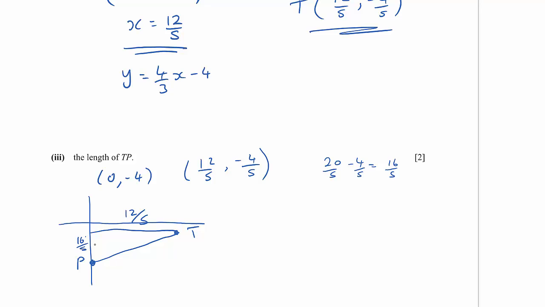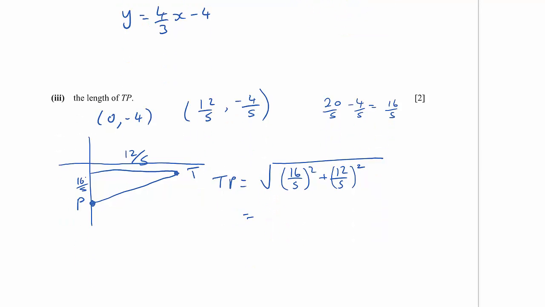So 16 over 5. So TP is going to be the square root of (16 over 5) squared plus (12 over 5) squared. And what's that going to be? So we've got a 5 squared here on both of them, so we can actually take out 1 over 5, and then we've got the square root of 16 squared plus 12 squared.